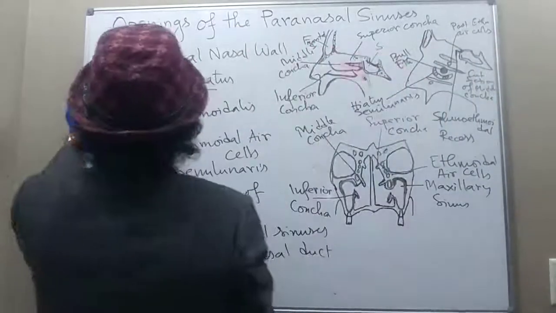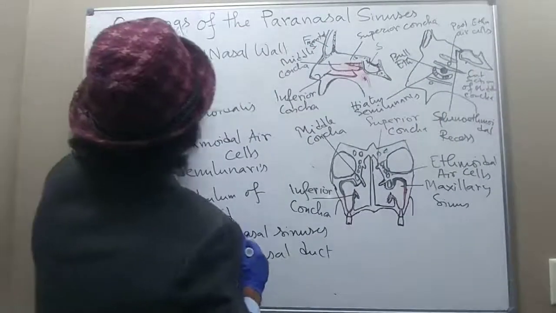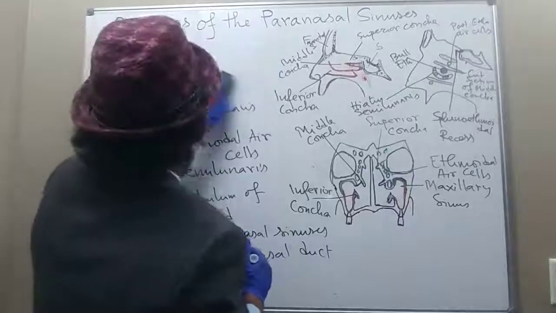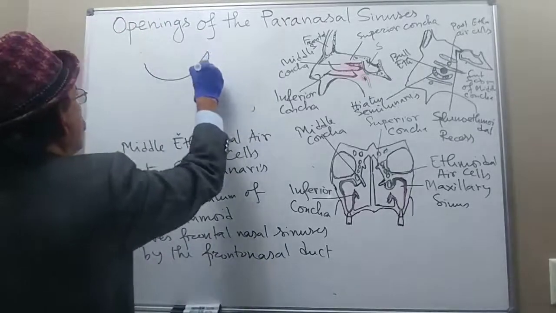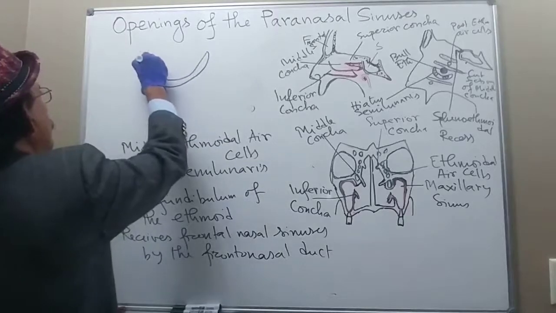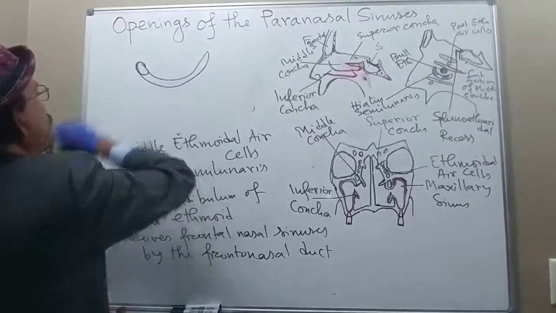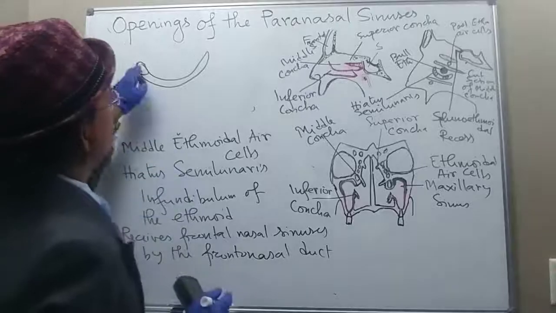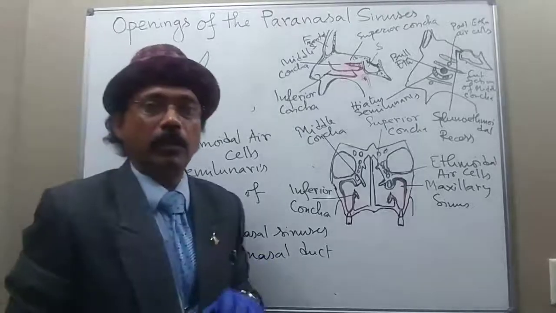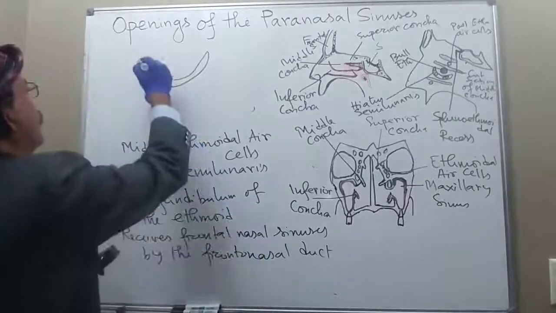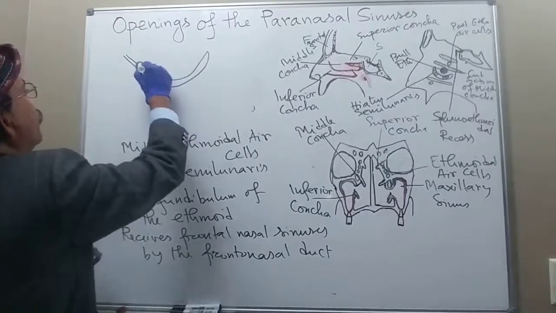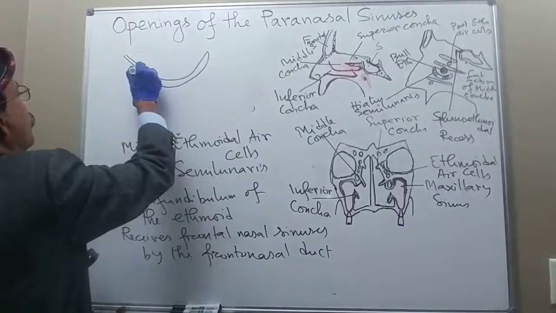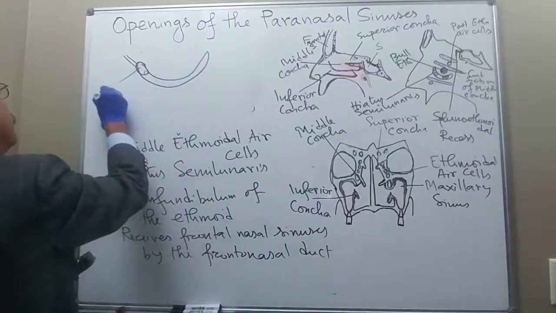Okay, so this is the Hiatus Semilunaris, this is the infundibulum. This part receives the frontal air sinuses by means of the frontal nasal duct.